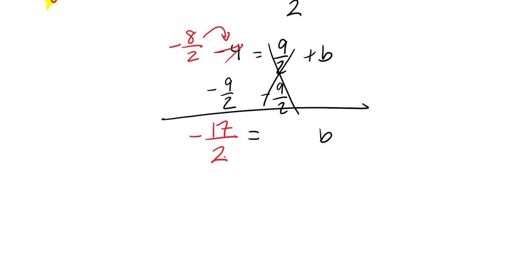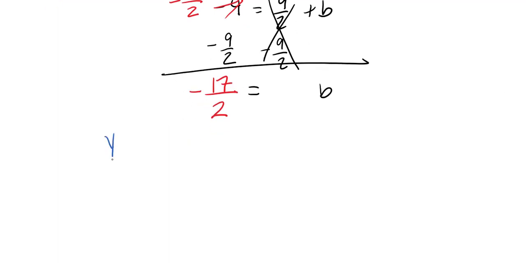So now we can write our equation, because we have solved for our b-intercept and our slope, so that's everything. We get y equals 9 over 2 x minus 17 over 2, because this is negative.